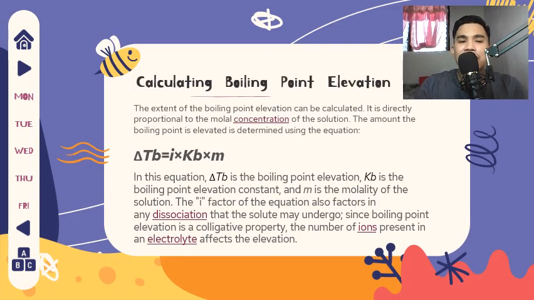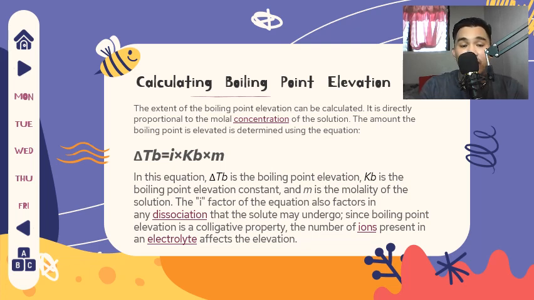So how are we going to calculate boiling point elevation? The extent of the boiling point elevation can be calculated. It is directly proportional to the molar concentration of the solution. And the amount the boiling point is elevated is determined using the equation: the change in T sub B is equal to i times K sub B times m.